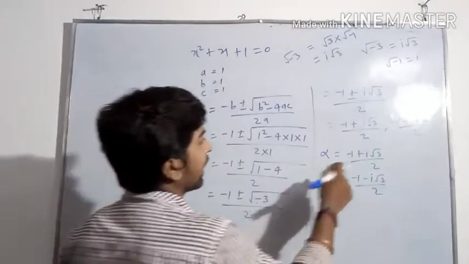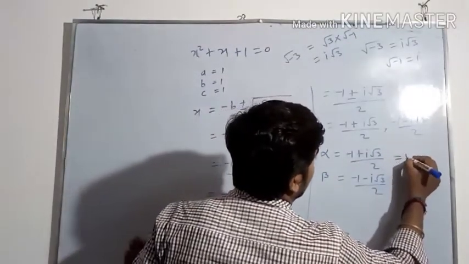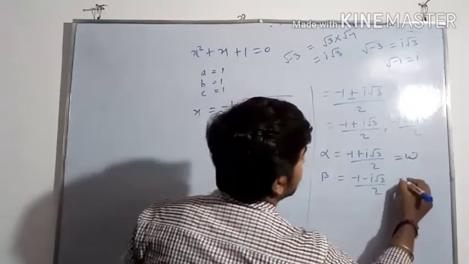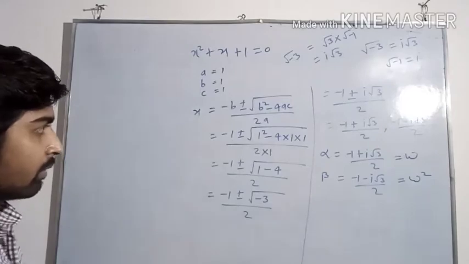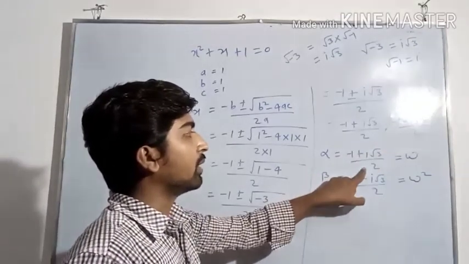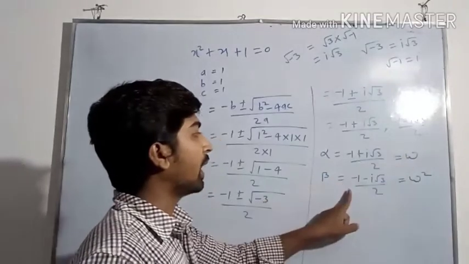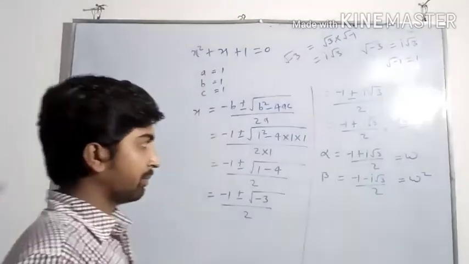We can also call this one omega and this one omega square. We say minus 1 plus i under root 3 by 2 is omega and minus 1 minus i under root 3 by 2 is omega square.